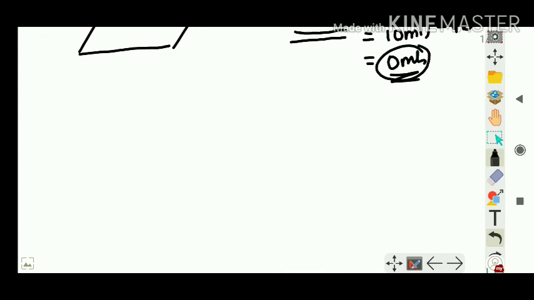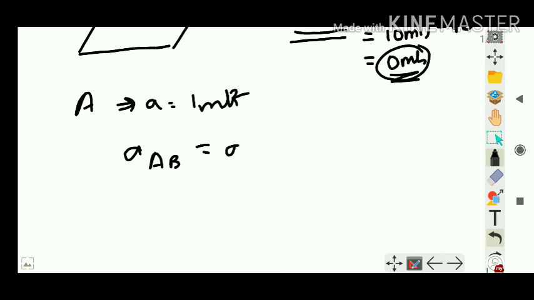Now the same way we can say for acceleration also. Say if A had an acceleration of 1 meter per second square, then B will see A having an acceleration. If I am supposed to write, I will write it like this, that is AA minus AB.